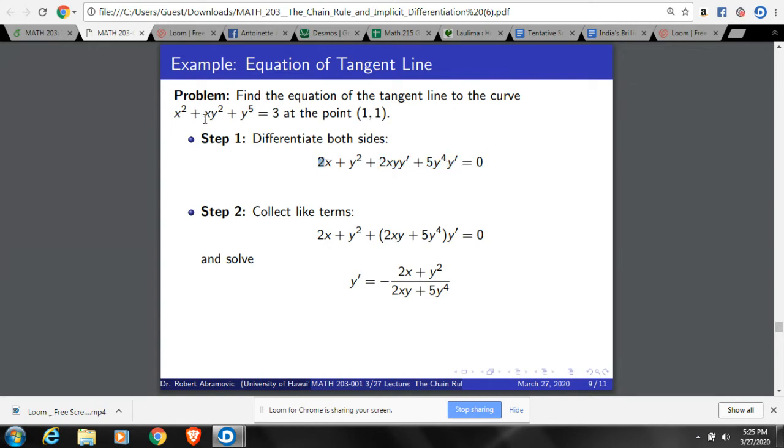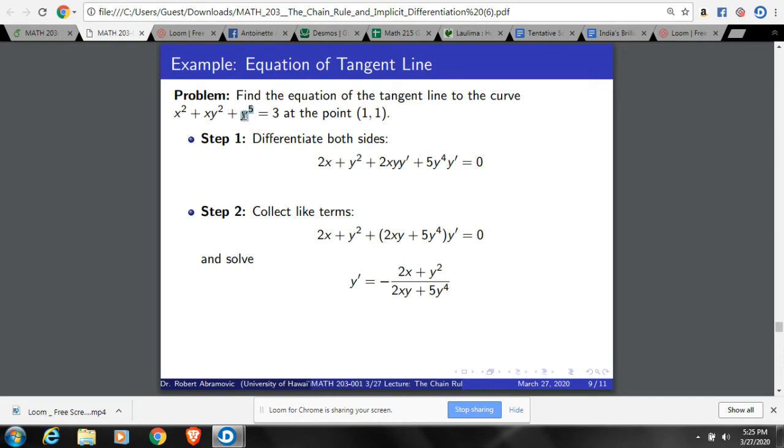It's important to remember here when we differentiate this, the derivative of x squared is 2x. The derivative of xy squared, that's a product of two functions, x and y squared. Its derivative is the derivative of the first factor, the derivative of x, which is 1, times the second factor, plus the first factor, x, times the derivative of the second factor, x times 2y times y prime. By commutativity of multiplication, you get 2xy times y prime.